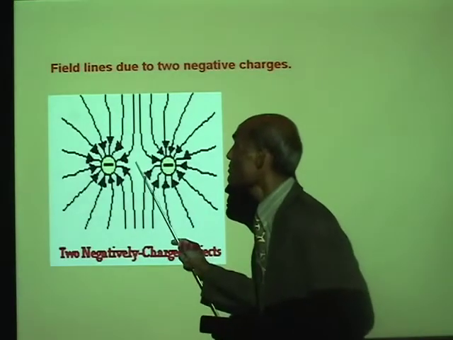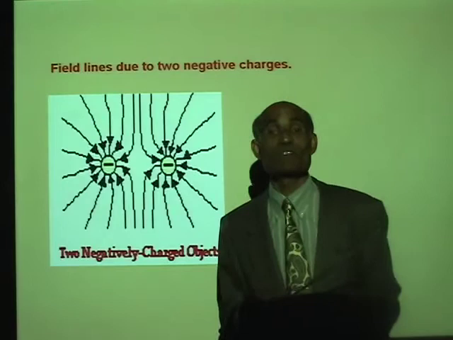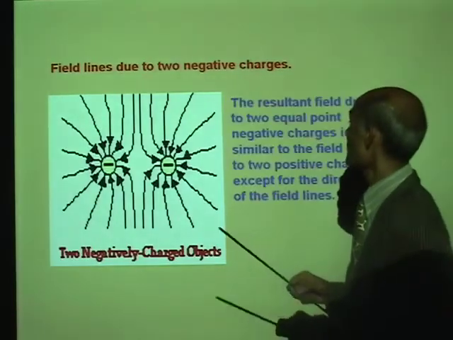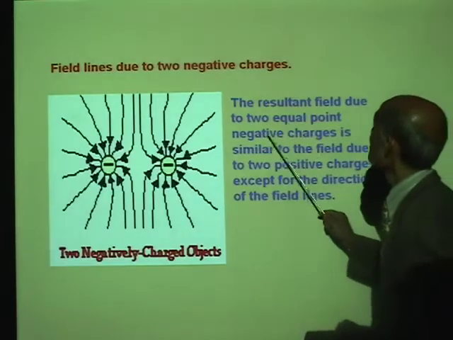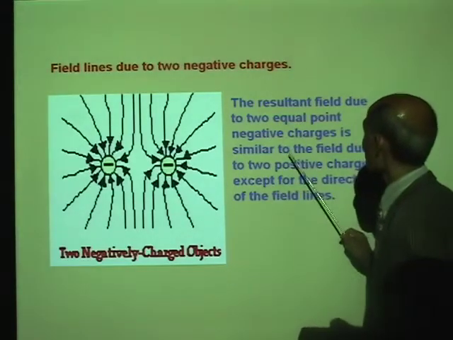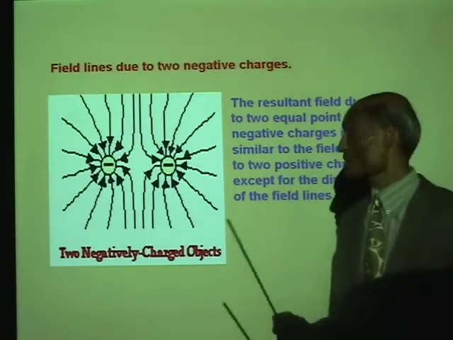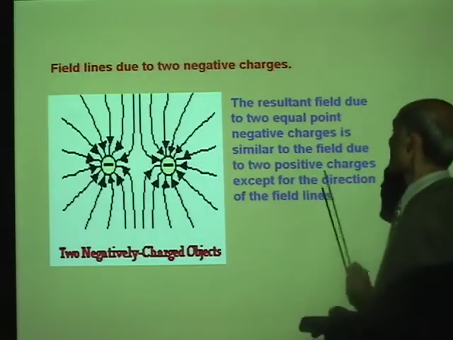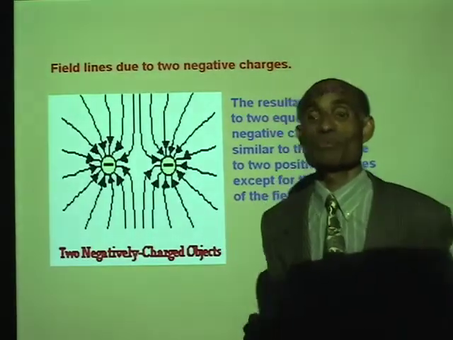And here again, you can see there is a point in between where there is no electric field. So the resultant field due to the two is similar to the field due to two positive charges. The only difference is that the direction of the field lines is reversed.